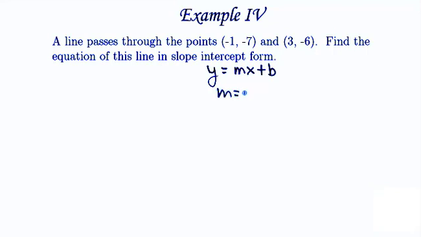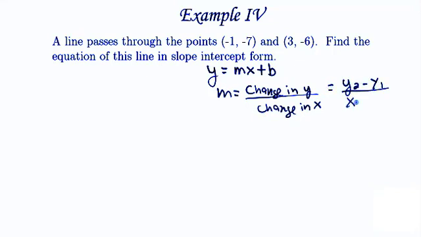M is the slope, which is the change in y divided by the change in x. We can use the slope formula to find this, which is y2 minus y1 divided by x2 minus x1. You could use either of these pairs of numbers, calling them x1, x2, y1, y2, or you could do it the other way around as long as you're consistent.